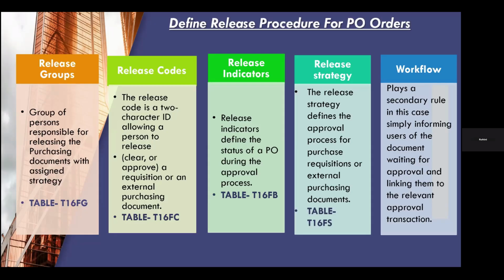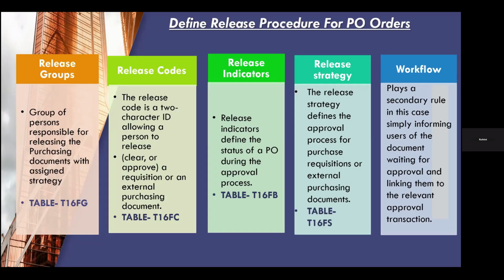And the next one is release codes. So release codes is basically, the company will have the hierarchy. The release code is a character ID allowing a person to release a requisition or an external document. So for example, here we are creating for the NB document.